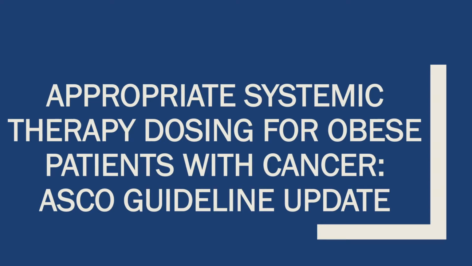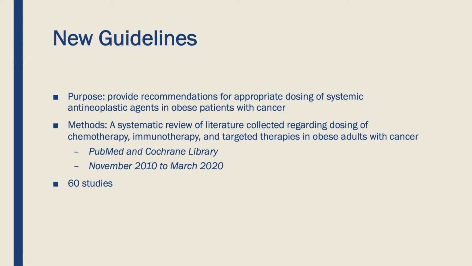The new title of these guidelines from ASCO is Appropriate Systemic Therapy Dosing for Obese Patients with Cancer: ASCO Guideline Update. The purpose of these new guidelines is to provide recommendations for appropriate dosing of systemic anti-neoplastic agents in obese patients with cancer.